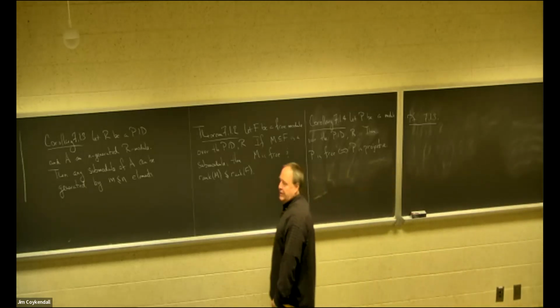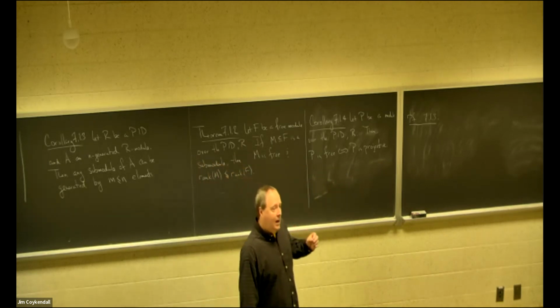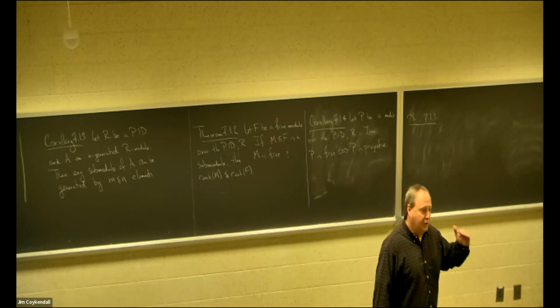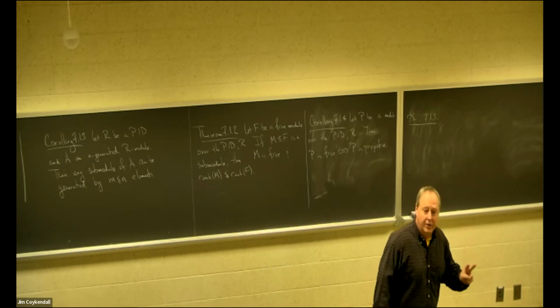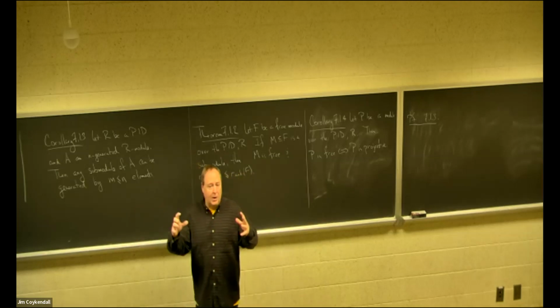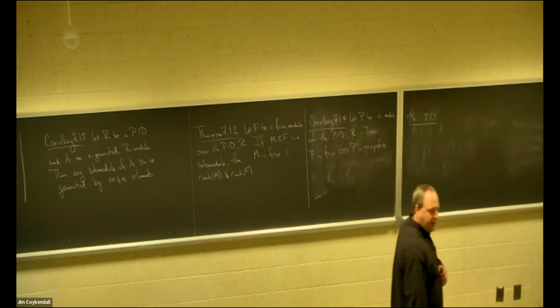It seems intuitive, but if you go back to that non-example 2 with the ring Z adjoined square root of negative 5, as a module generated by 1 it's got a submodule that requires 2 generators. Over a PID, this can't happen. If you've got a submodule, it will have fewer generators. So how are we going to prove that?